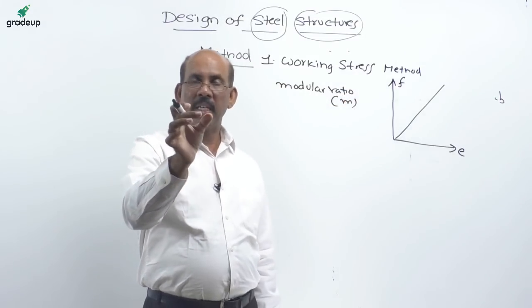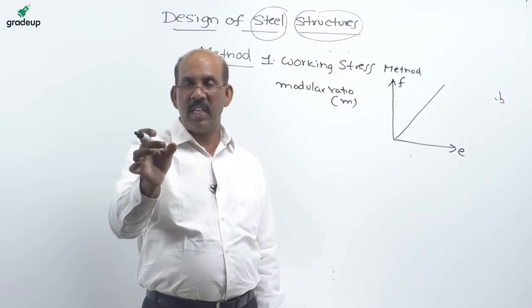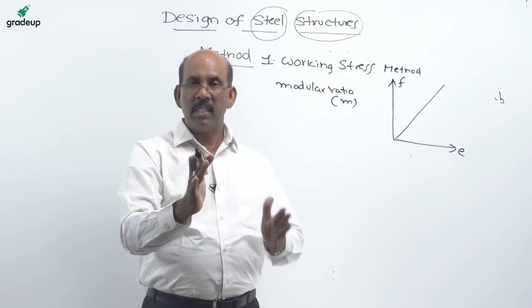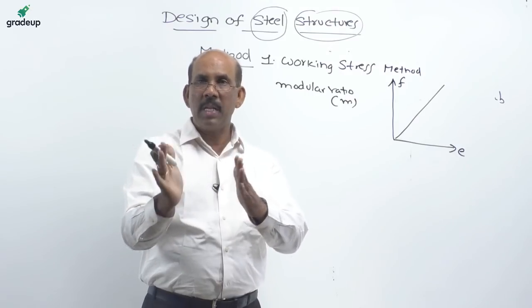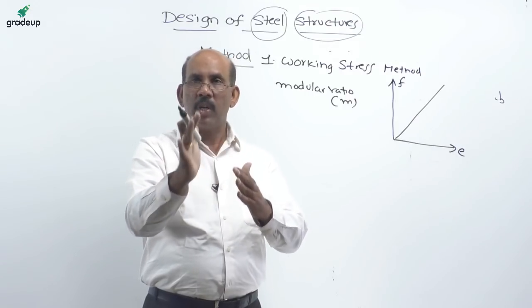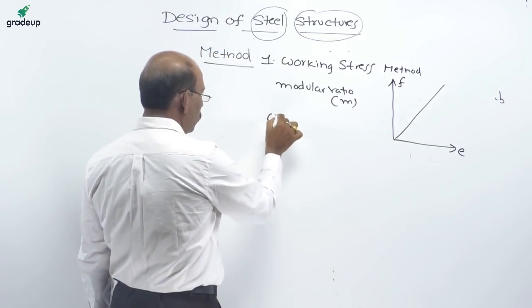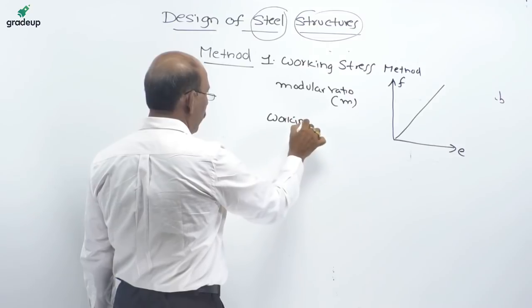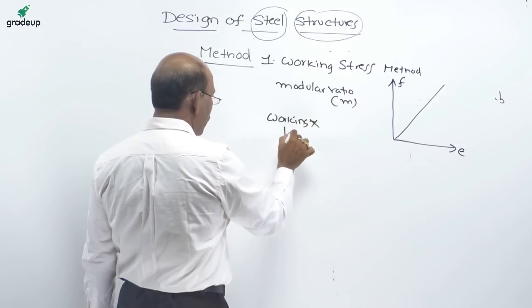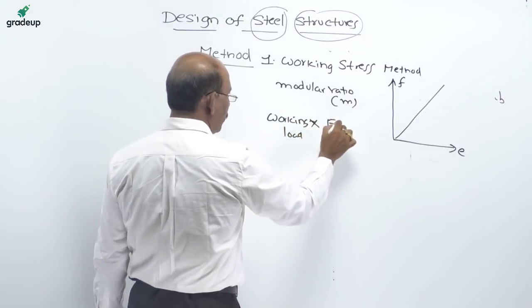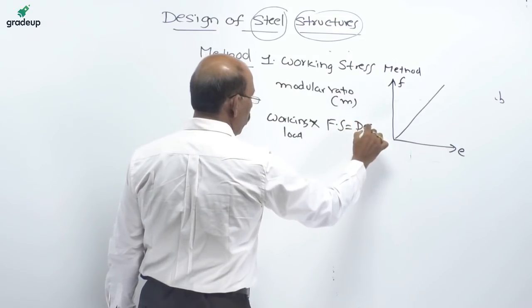And in this method, with respect to the factor of safety, the actual load multiplied with the factor of safety gives the design load.